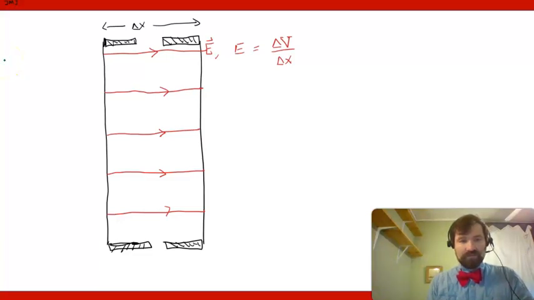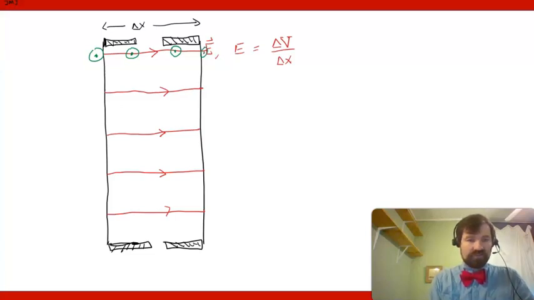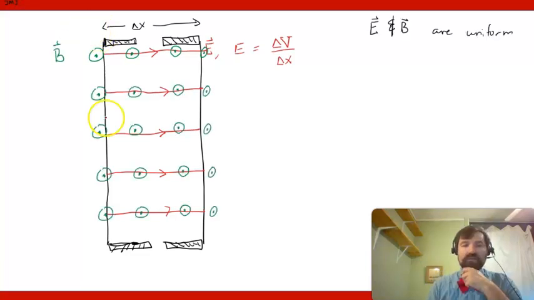Let's add to it a magnetic field. We'll make the magnetic field also uniform, and the salient feature of the magnetic field is that it needs to be within this region that I've just described here.